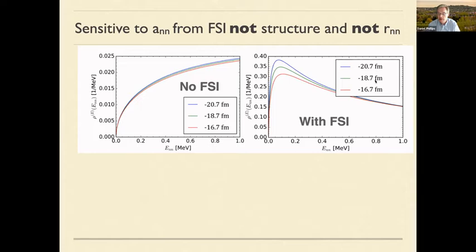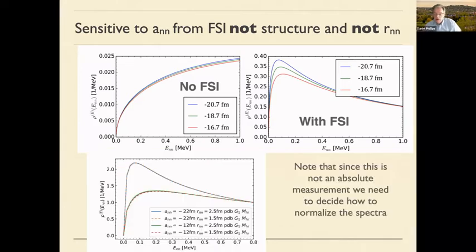And then because they're a big effect, the imprint of a_nn, you see here we're varying from, let's say, a smaller absolute value number through the recommended number to something that's more towards the infamous dineutron, right? So if you do that, you see marked changes in both the height and, if you look very carefully, the position of the peak. So it's not sensitive to helium-6 structure.